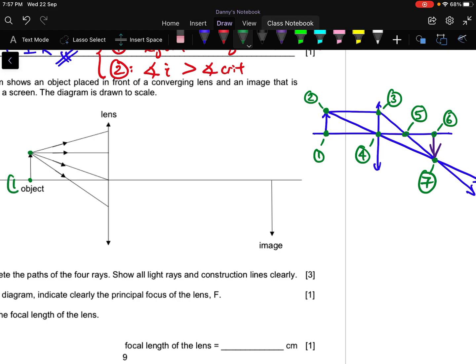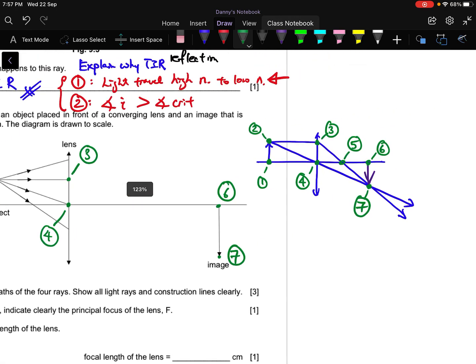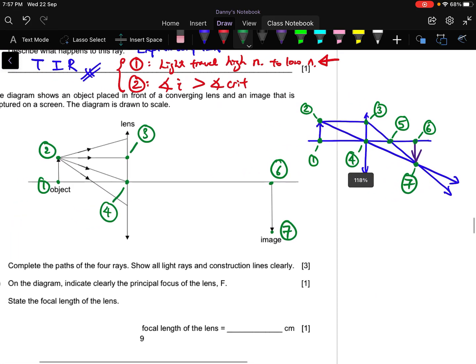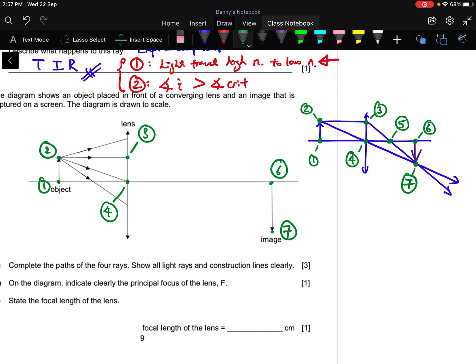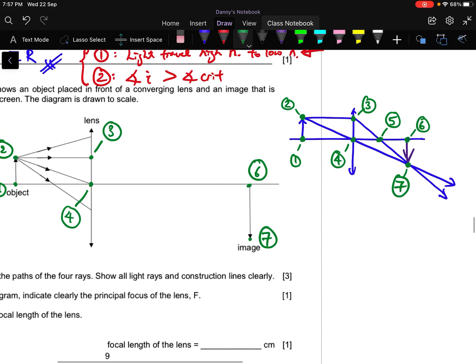So you already have 1, 2, 4, 3, 6, and 7. Now you just compare what you have and what you should have. You can quickly see that 4 and 7 can be linked. So you just do 4 and 7.